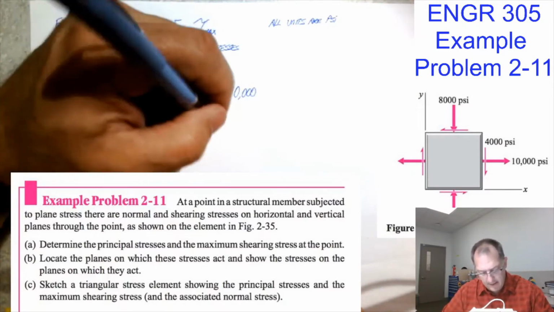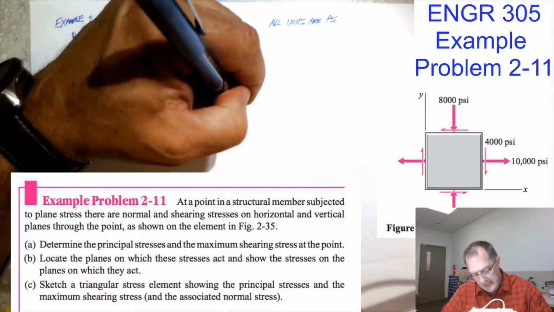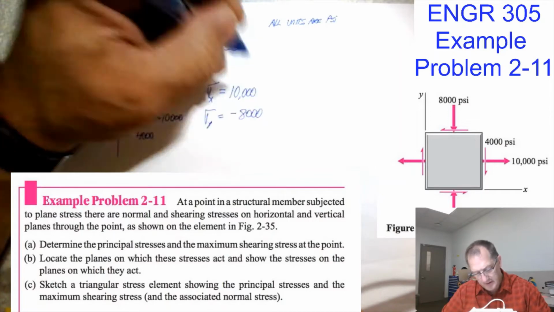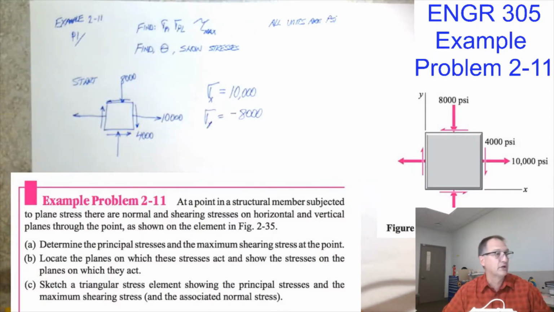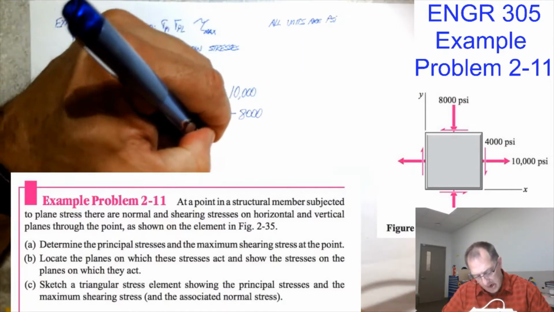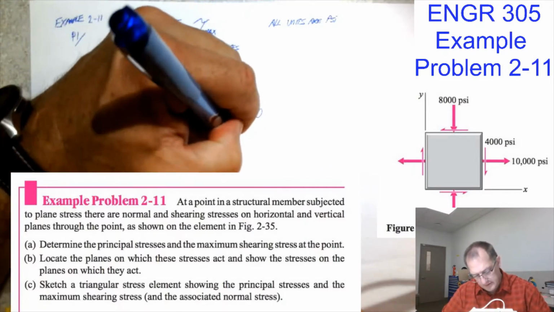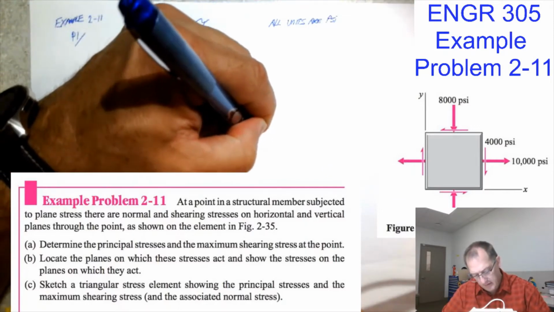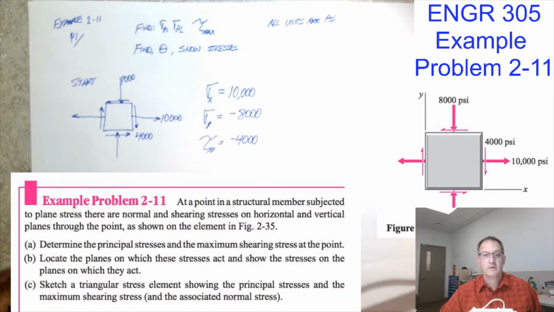Sigma y is equal to a negative 8,000. It's in compression, or we could look at the figure on the screen. And lastly, tau xy, that's a negative 4,000. All right, we're ready to start. Once we have that, right?